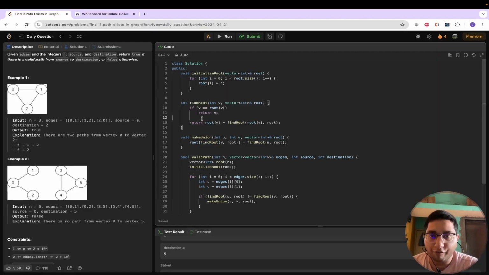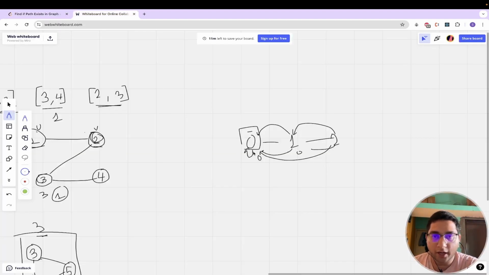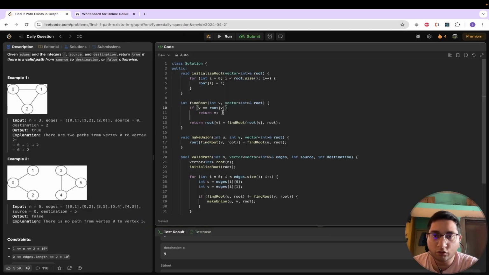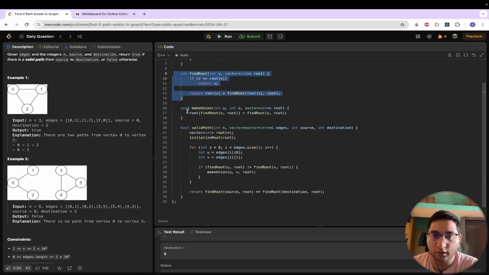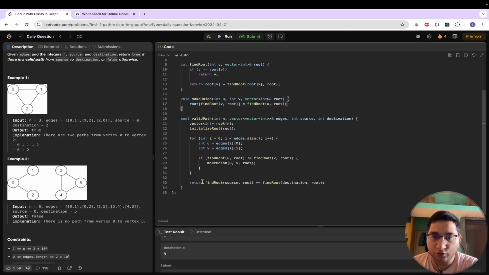So after a few iterations this will be O(1) only, because the first time it is different, then in the second iteration it will directly go to the root value and return the function from there only. So this will become O(1), and this answer will also become O(1). This way we can solve it, and if the root of a particular source is the same as the root of the destination, then it means a path exists between the two.